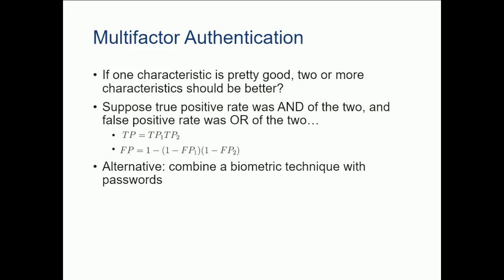What does that mean? If the true positive rate is 100%, it means that every time a legitimate user authenticates himself or herself to the system, the authentication always succeeds. That's called a 100% true positive rate.